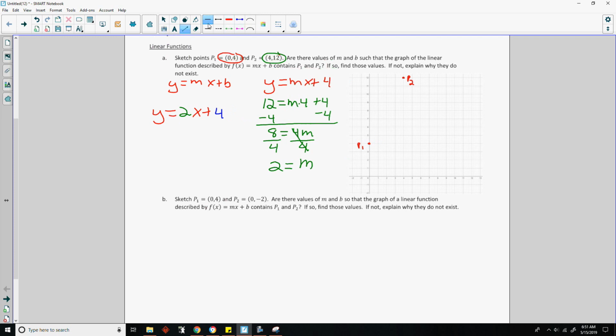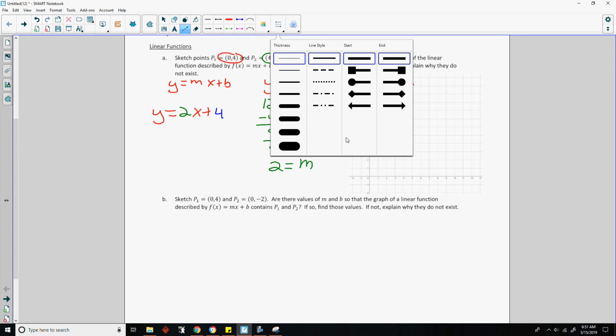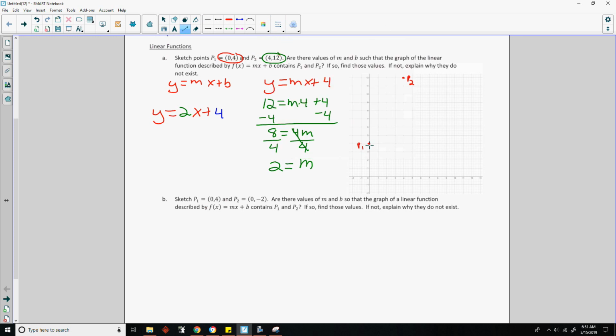So then if I graph that, it would look like this, but it would continue in both directions forever. So I would have arrows here, like so. So there is the line y equals 2x plus 4, going through the point (0, 4) and the point (4, 12).